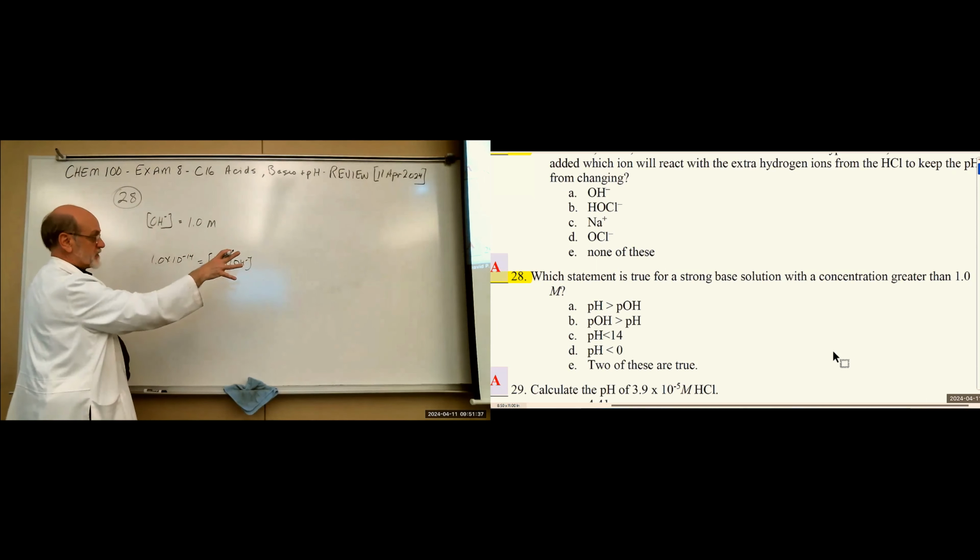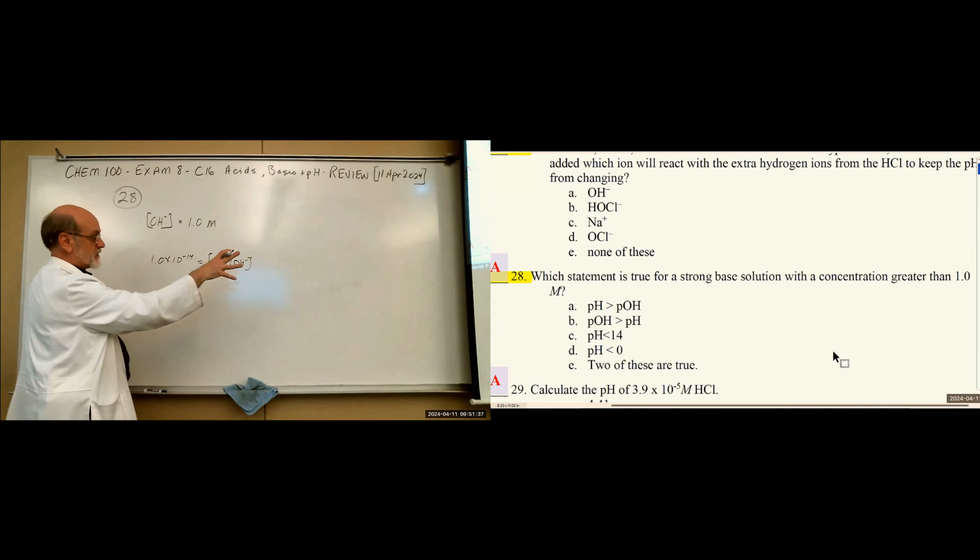Now we're going to put that in a solution that the final volume of the solution is 3.2 liters. So the molarity equals 2.4 moles divided by 3.2 liters, which is 0.75 molar.